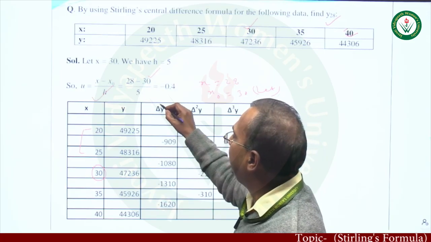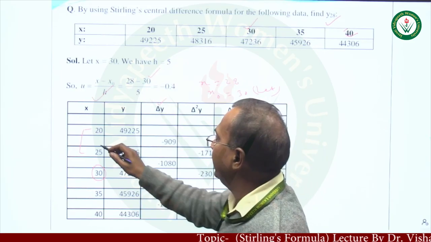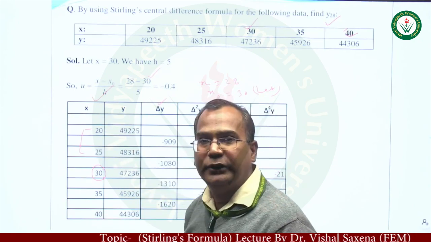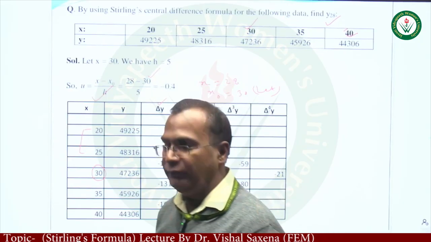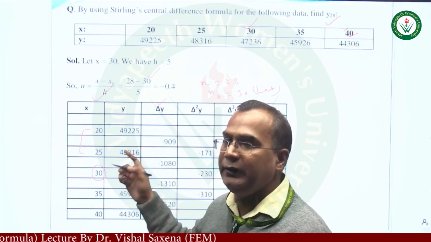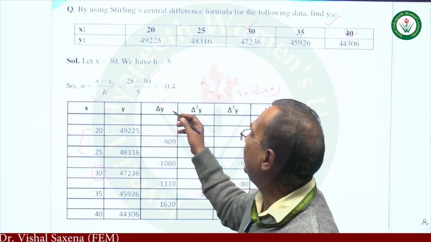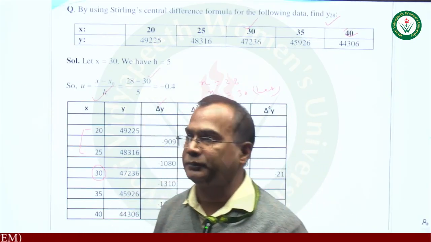First we have to write the column of X, then the column of Y. Now we have to calculate the forward differences: delta Y, then del square Y, del cube Y, and so on.